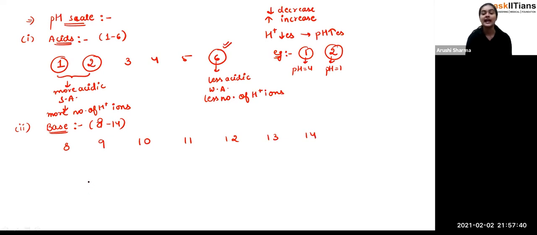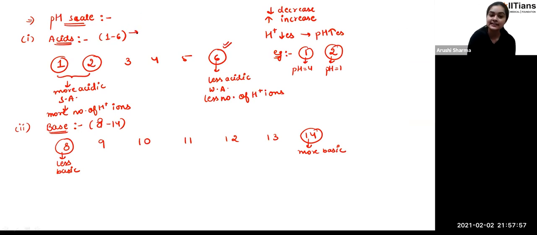That's the condition. In the pH scale, when it is 8, it is less basic, and for 14 it is more basic. Base, like acid, depends on H ions, and the base depends upon the OH negative ions.